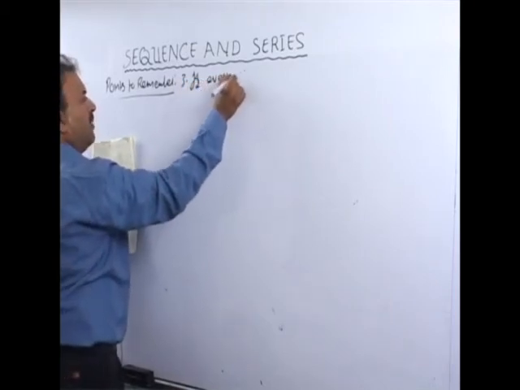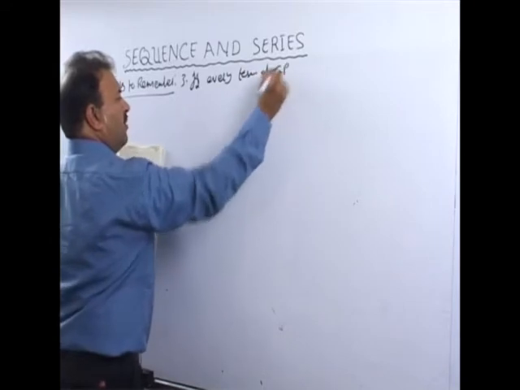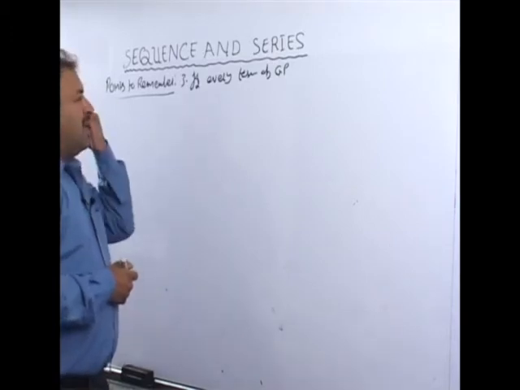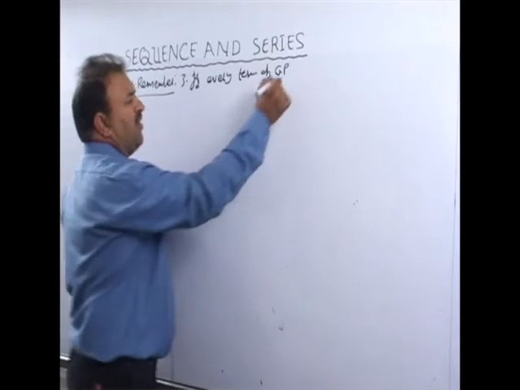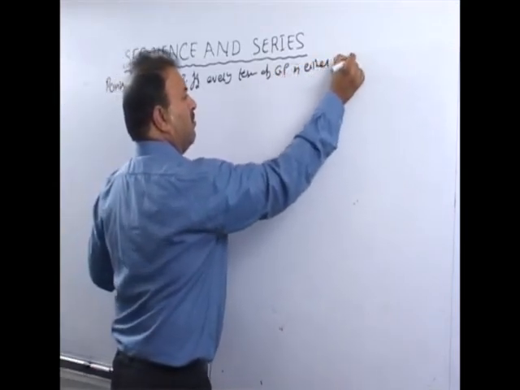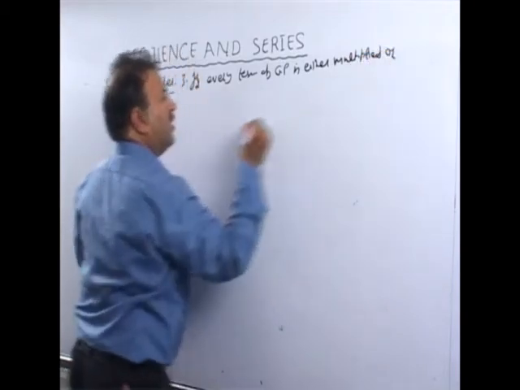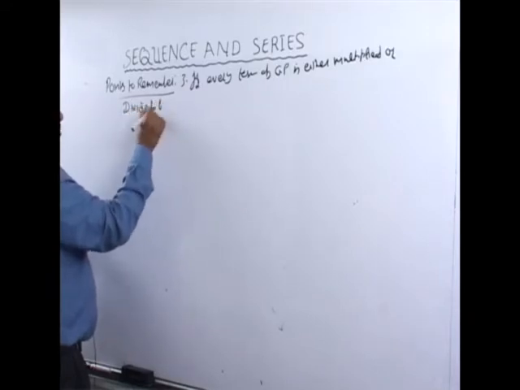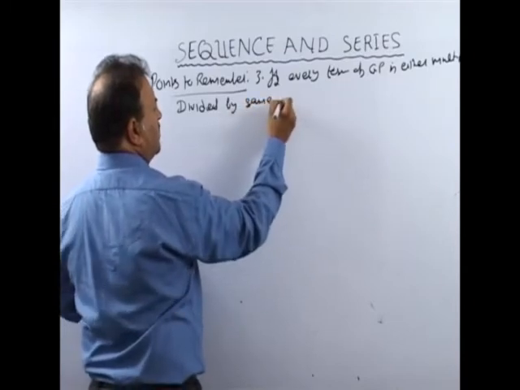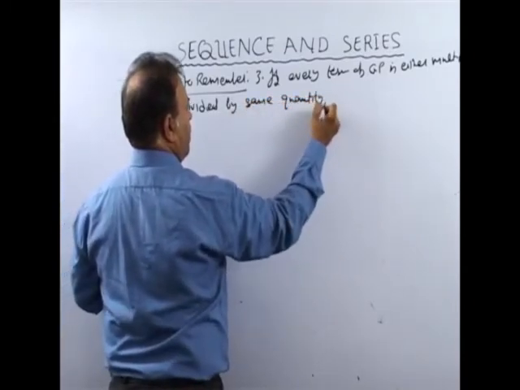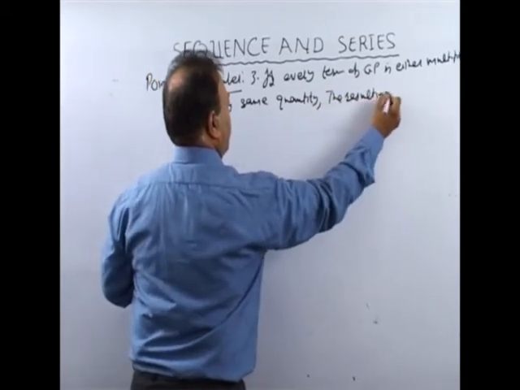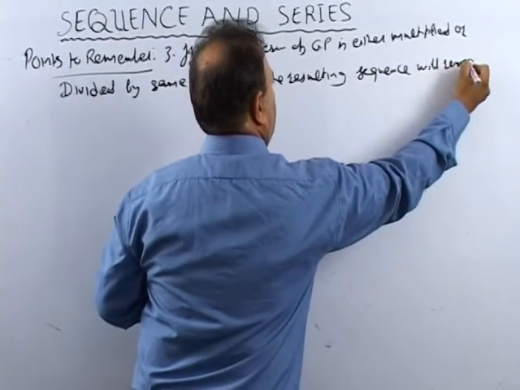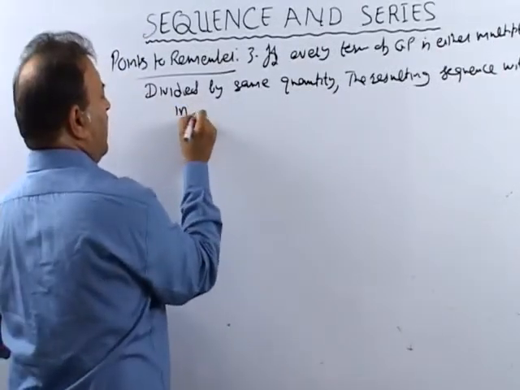If every term of GP is either multiplied or divided by the same quantity, the resulting sequence will remain in GP.